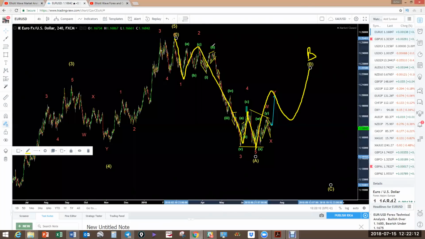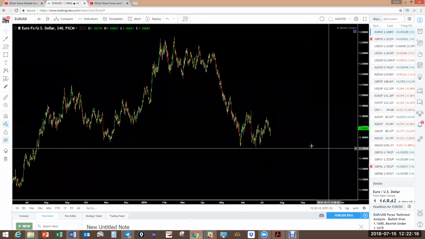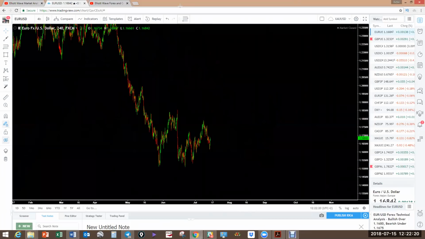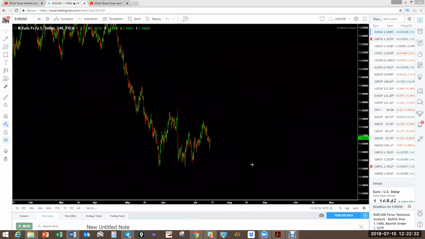Alternatively, because of the personality of the move, another alternative is that this could be a triangle. It's a bit premature to forecast a triangle here, but we'll see as it plays out. But I am going to take a trade when it makes this correction here. Even if it's going to come back down here, I will move to break even.